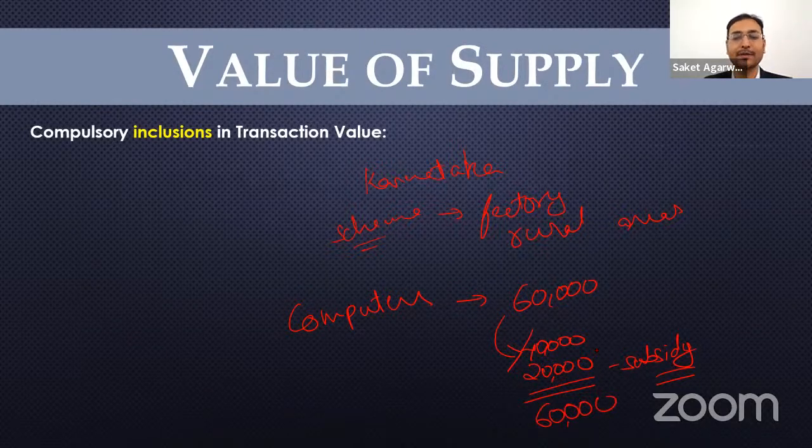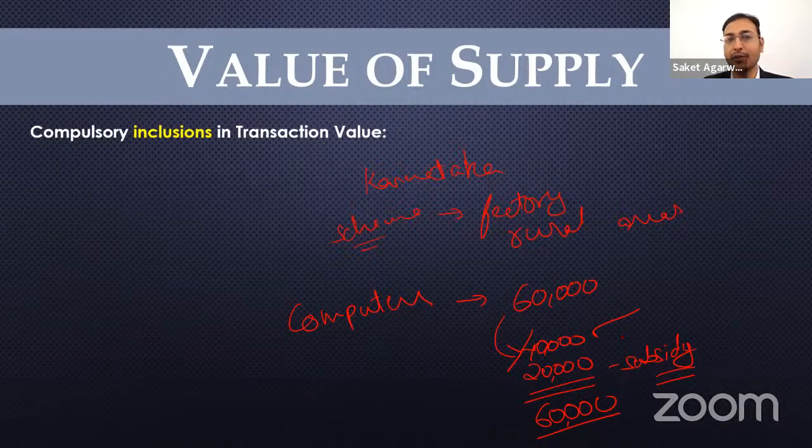Include this 20,000 rupees subsidy by which you have reduced your selling price and then pay GST on 60,000. But when this inclusion has to be done, not when the subsidy is given by government, be it central government or state government. It should not be by government. If the subsidy is given by government, you are allowed to charge GST on 40,000.